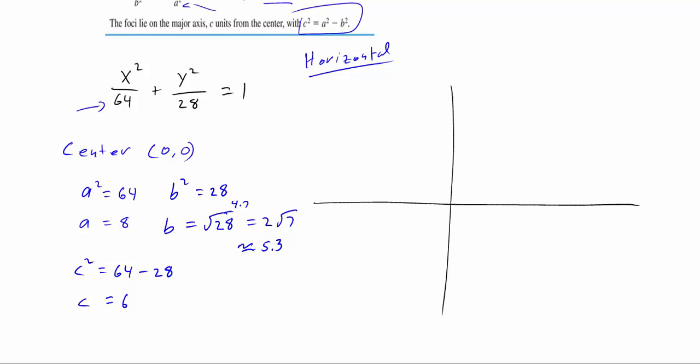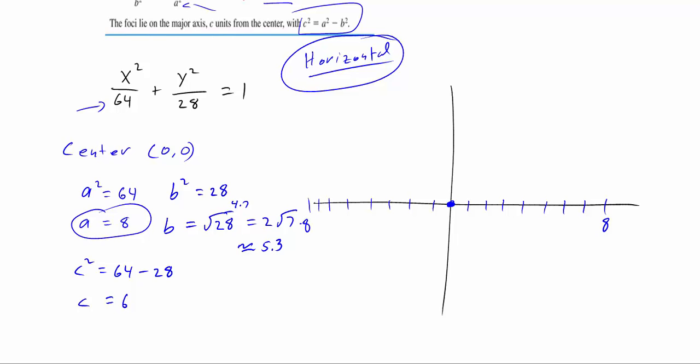So now we want to look at a rough sketch of the graph. We know that the center is once again at the origin, 0, 0. Keep in mind this is horizontal, so from the center to a vertex is going to be our a value. That means we're going to go out 8 units, 1, 2, 3, 4, 5, 6, 7, 8, and 8 in the other direction, so all the way to positive 8 and negative 8.